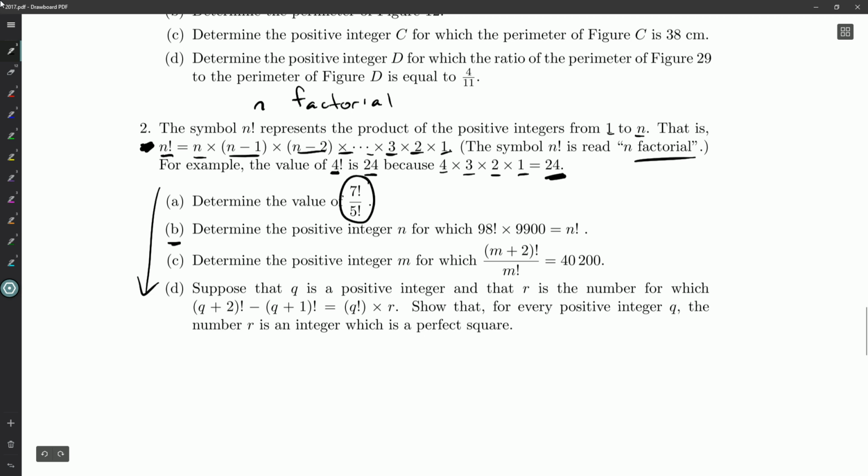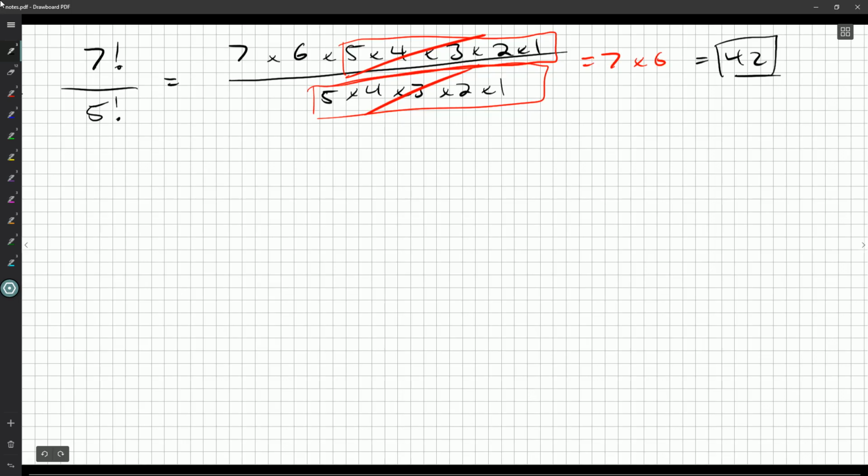Okay, B. Determine the positive integer n for which 98 factorial times 9,900 is n factorial. How do we approach this one? Well, n factorial has to look like n times n minus 1 times n minus 2 and so on. Now, it's 98 factorial times something else.